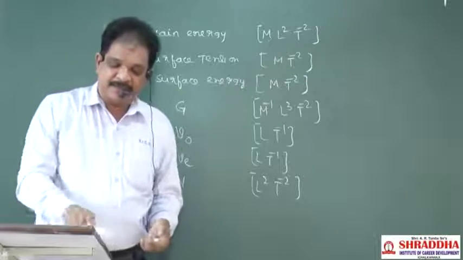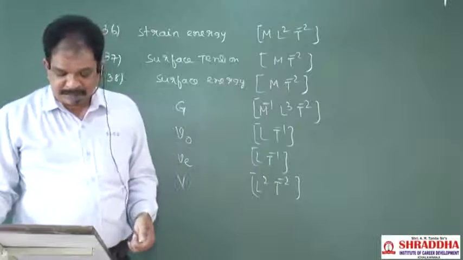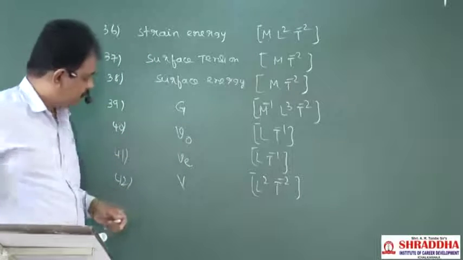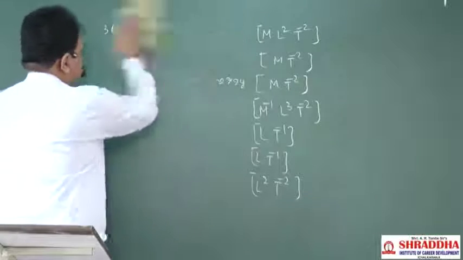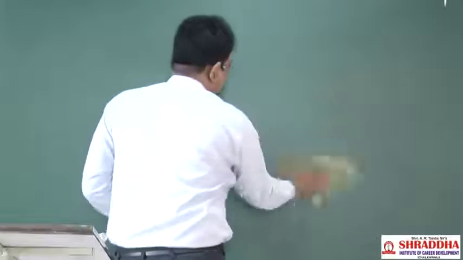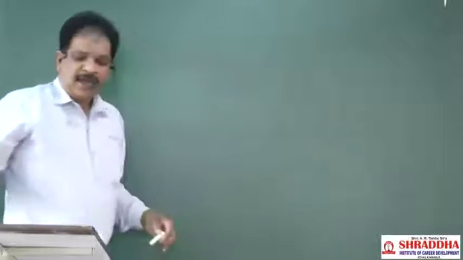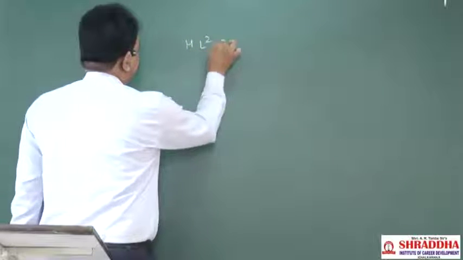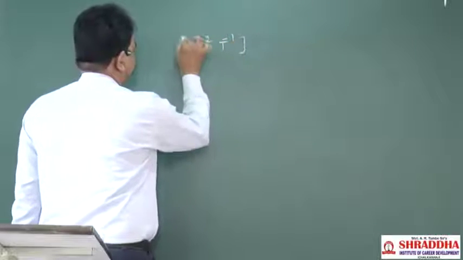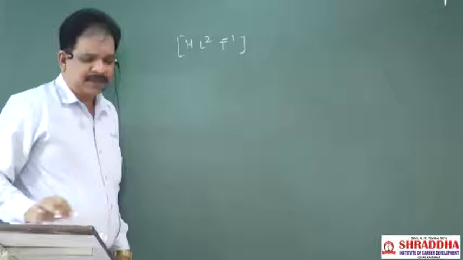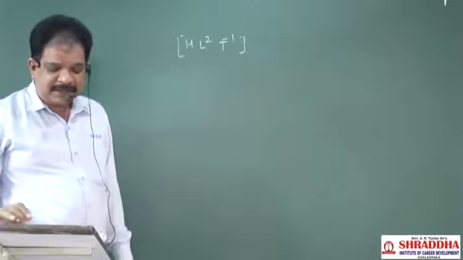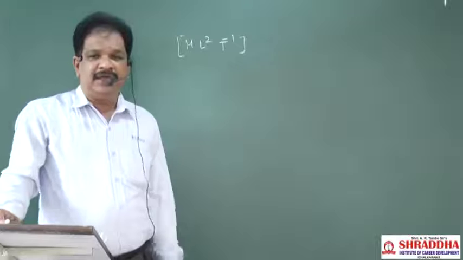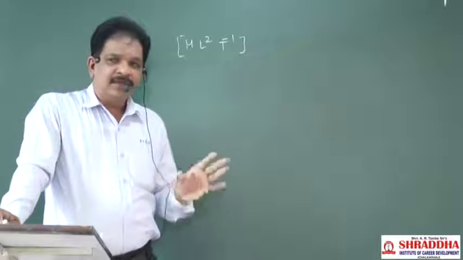These are completed. Next, angular momentum: what is the dimensional formula? Previously we finished that. Angular momentum dimensional formula is M L square T power minus 1. Planck's constant dimensional formula is what? M L square T power minus 1.